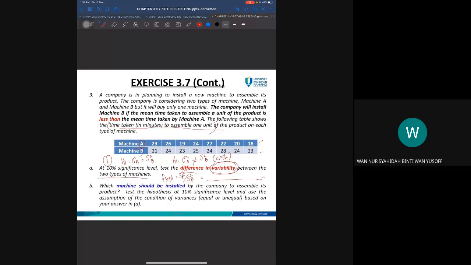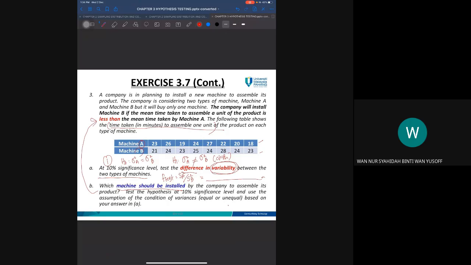The B question, A and B are related to each other. Which machine should be installed by the company to assemble its product? Test the hypothesis at 10% significance level and use the assumption of equal or unequal variance based on your answer in A. So we go to the story here.